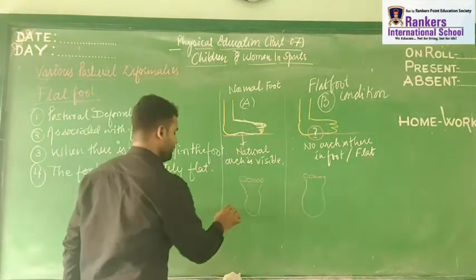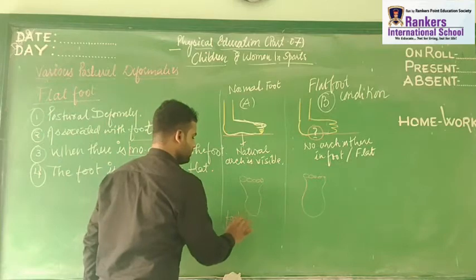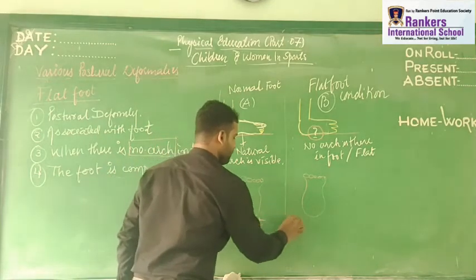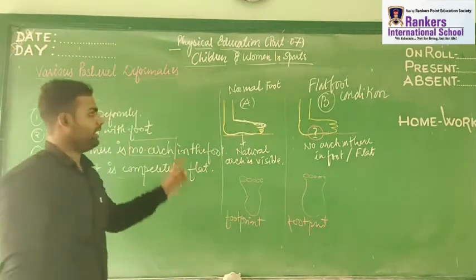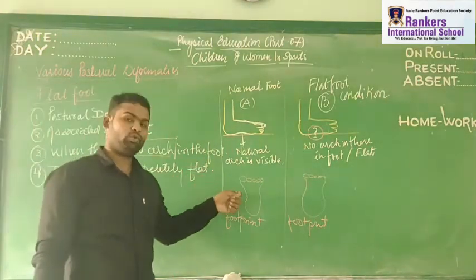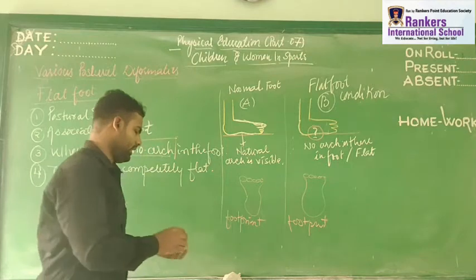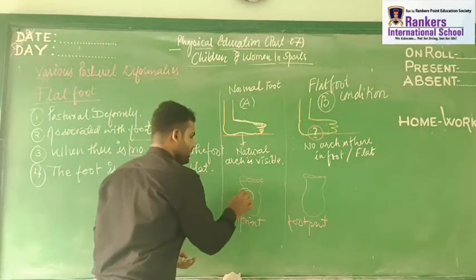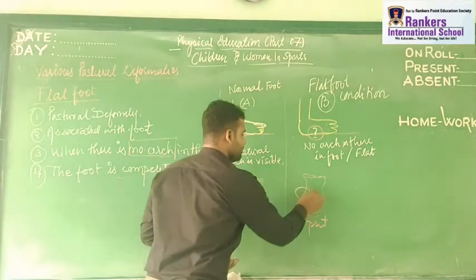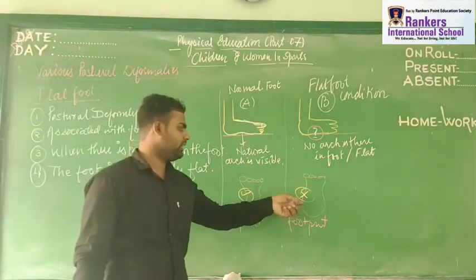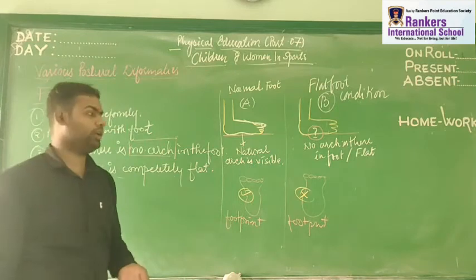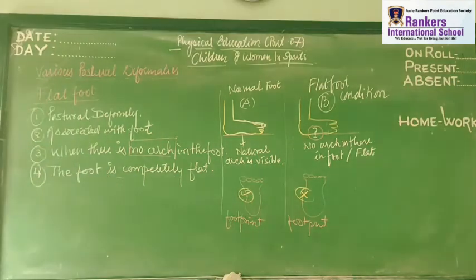It is a footprint. So I hope you understand what I have told you, children. I have taught you that in this print there is an arch, and in this there is no arch. It means the foot is completely flat. Got it? So this is the basic difference between the natural foot and the flat foot, right?